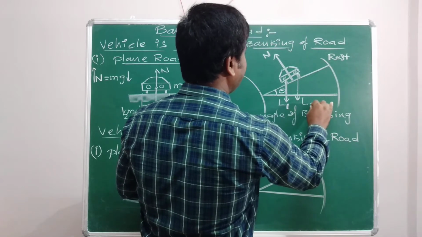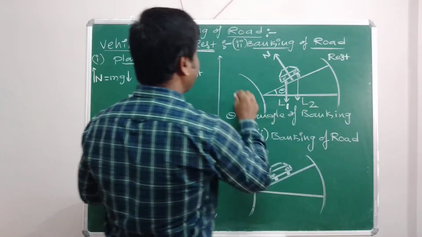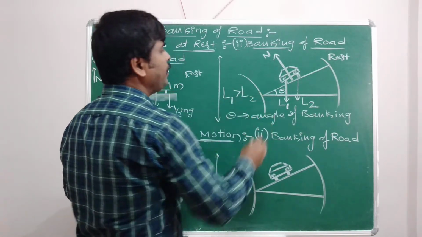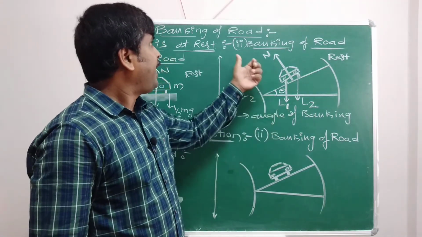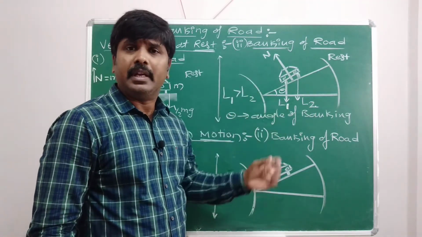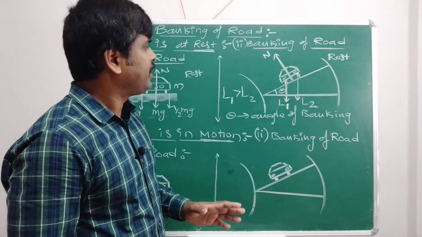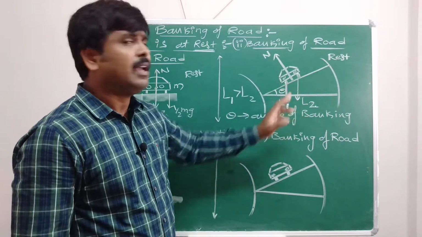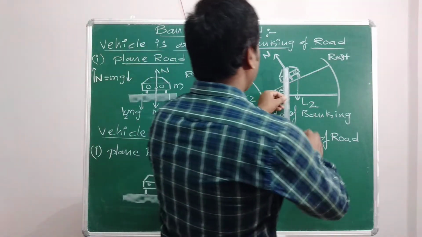But see, we can clearly observe load 1 is greater than load 2. When the car or any vehicle is on the banking of road in rest position, it is not in a balanced position, because the normal reaction is not balanced by any other force, because of mg acting in the downward direction.